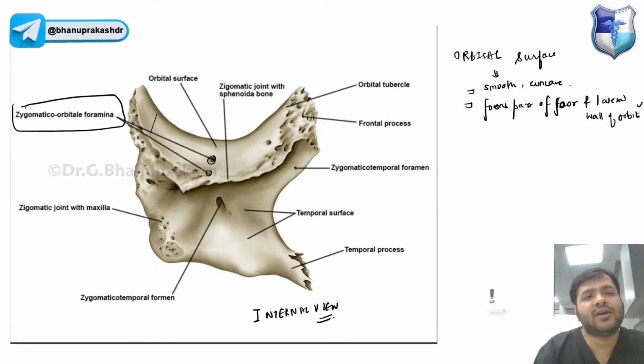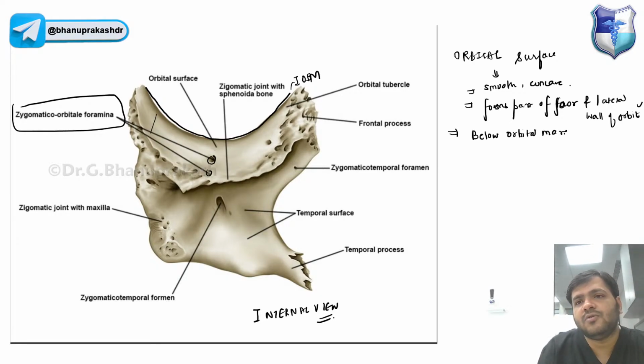So over here, you will be below the orbital margin, right? This is the orbital margin, the inferior orbital margin, and below the inferior orbital margin, you will be able to see a foramen.